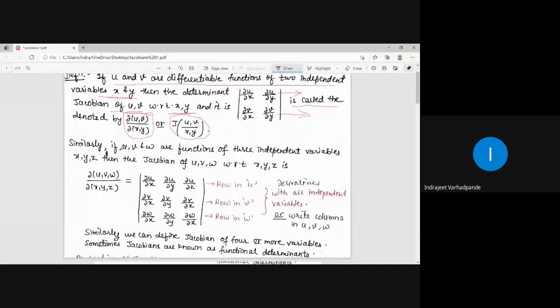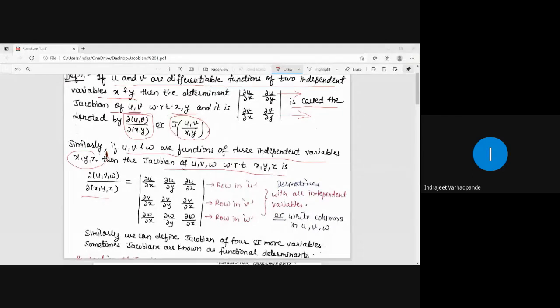Similarly, if there are three independent variables, we have u, v and w as functions of three independent variables x, y, z. u, v, w are dependent variables, x, y, z are independent variables. Then the Jacobian of uvw with respect to xyz is del of uvw upon del of xyz, written as a complete row with all derivatives of u with respect to the independent variables.